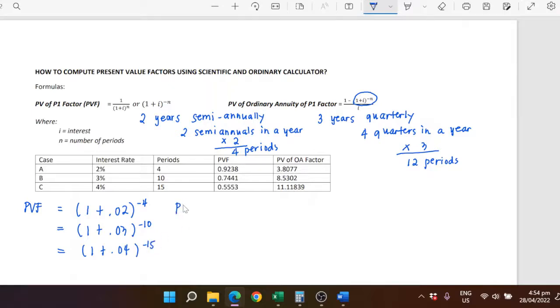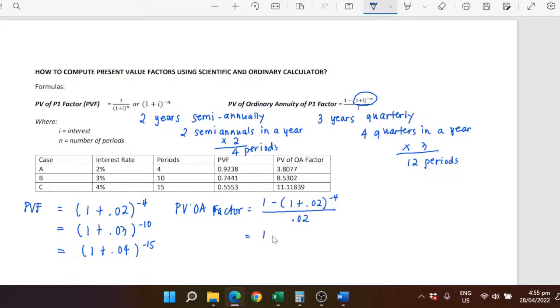Now let's substitute for the present value of ordinary annuity factor. So you have 1 minus 1 plus 0.02 to the power of negative 4 divided by 0.02.